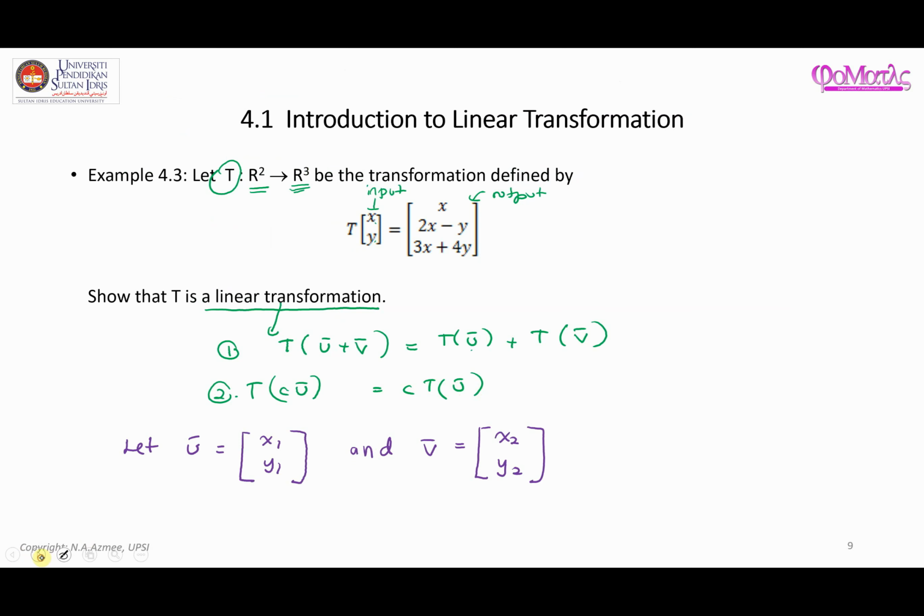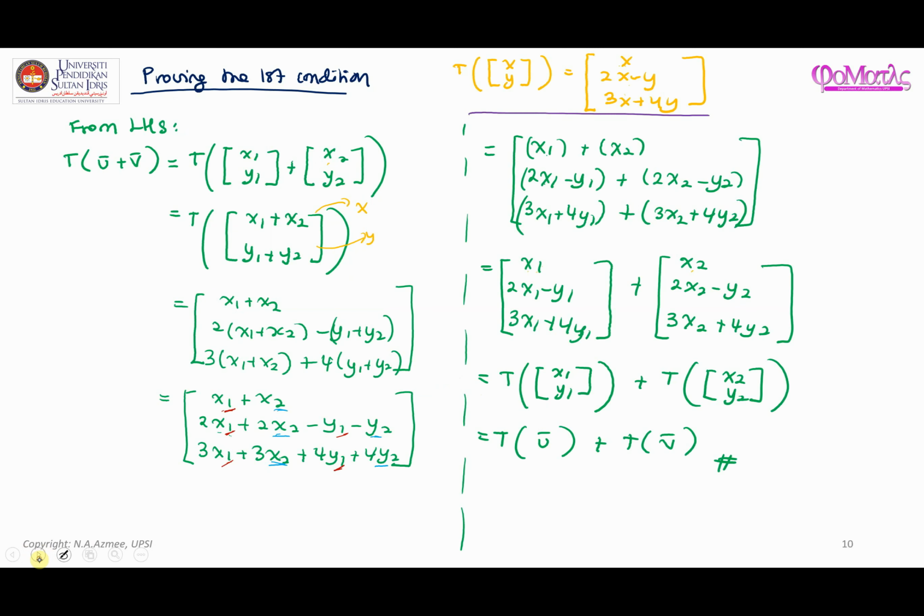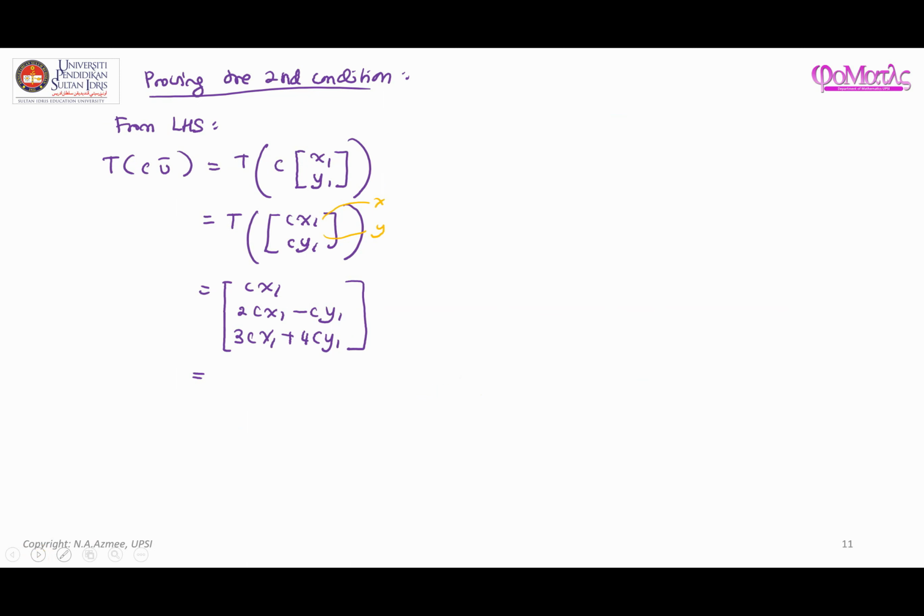We know that we need to be able to prove that c can be taken out of this process. Bearing that in mind, we should try to factor c out. How to do that? We can write it this way: c times x1. And then here we have c and c, which means we can factor c out, so we have 2x1 minus y1.